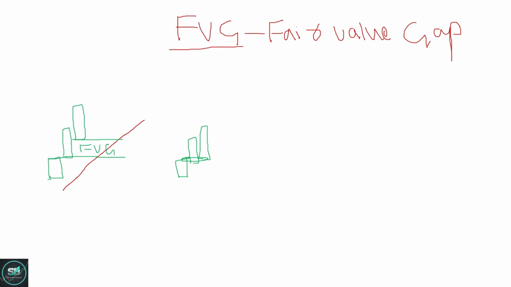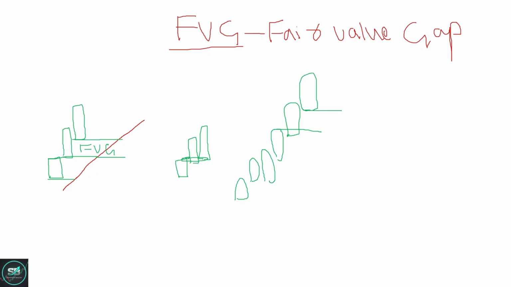Again, when I say first candle and third candle, it does not need to be the day's first candle and the day's third candle if you are trading intraday. So suppose the market is going like this, and somewhere you will see a gap between the candles. You can consider this as candle 1 and this as candle 3.